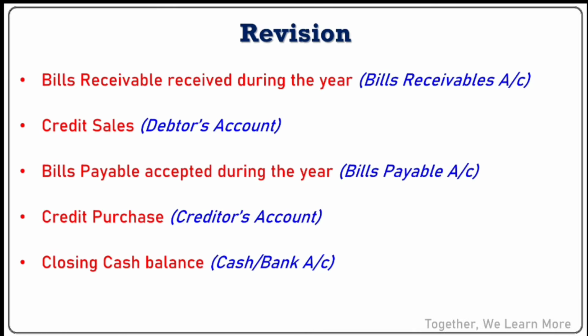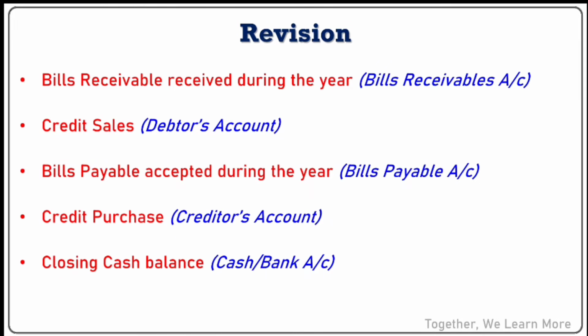For that, bills receivable received during the year is a component of the bills receivable account. Credit sales can be found with the help of the debtors account. Bills payable accepted during the year will be calculated from the bills payable account. Credit purchase will be calculated from the creditors account. And closing cash balance will be prepared from the cash and bank account.